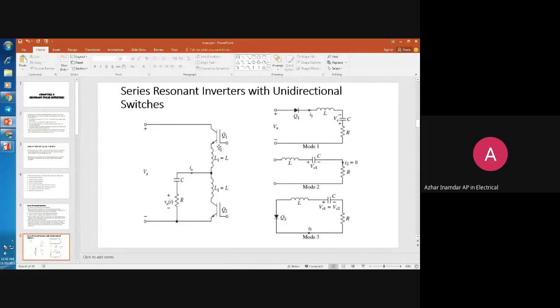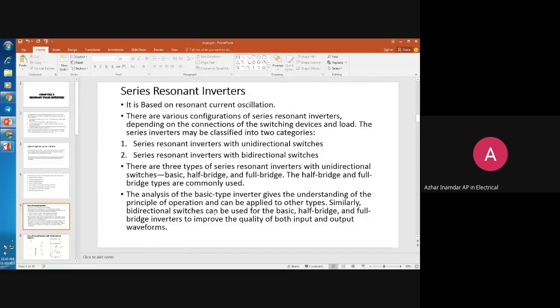Now in this case we are going to study with the IGBT. Okay, this is an IGBT. So now I will show you. There are two types of series resonant inverter. First one is series resonant inverter with unidirectional switches, and another one with bidirectional switches.